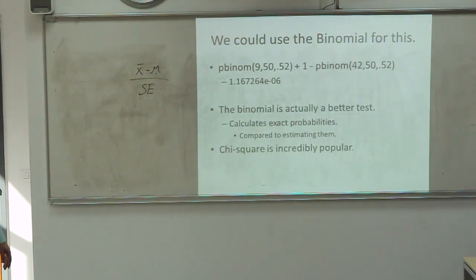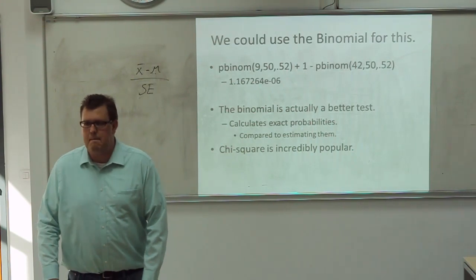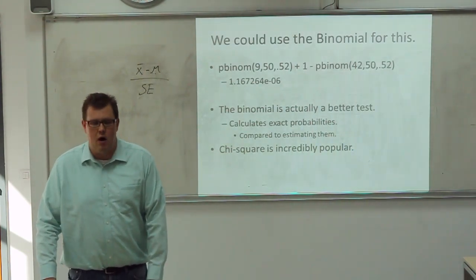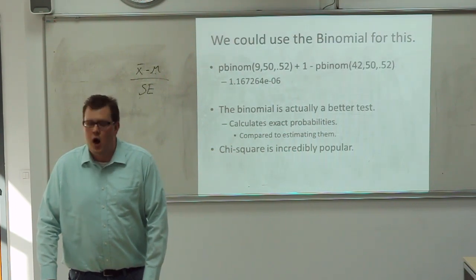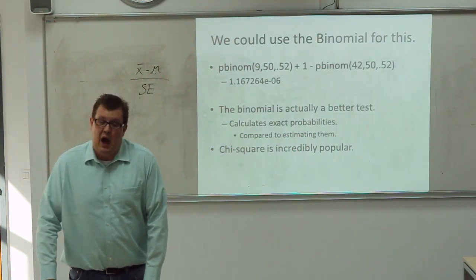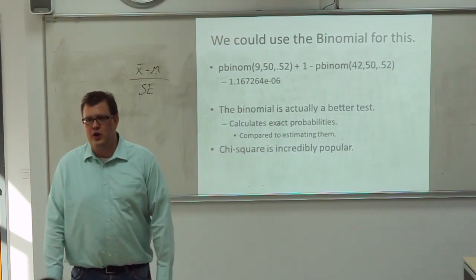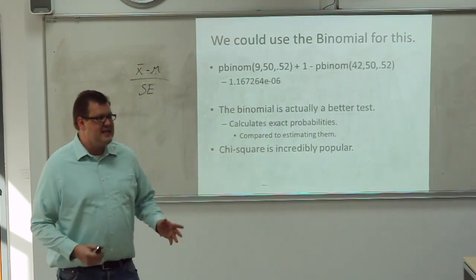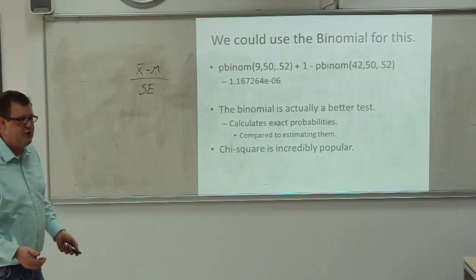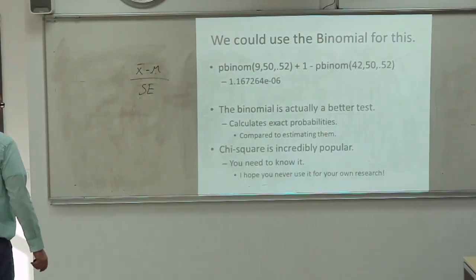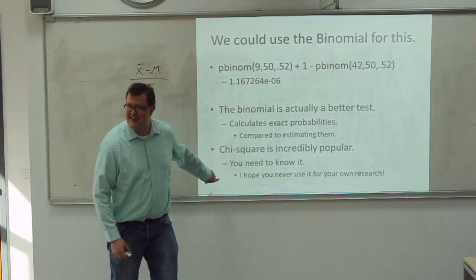Okay, so why am I teaching you the chi-square? Well, because it's incredibly popular. Chi-square is all over the literature. You will find people using the chi-square all over the place. Binomial's better. Chi-square is pretty darn good. So it's important for you to understand what the chi-square is, so you understand it when you see it, and you will. That said, don't use it for your own research.